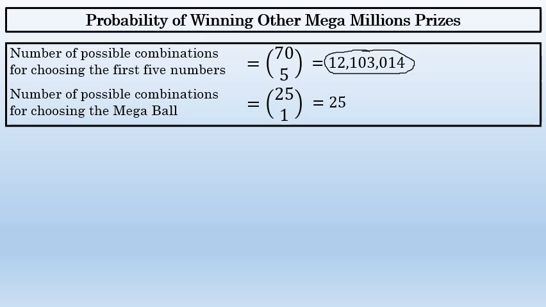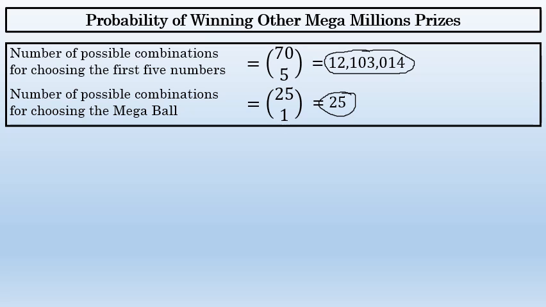That's how many ways there are to draw the first 5 numbers out of 70. Additionally, the number of ways the mega ball can be drawn is simpler: there are 25 ways. These 2 facts will be very important as I compute the other probabilities.